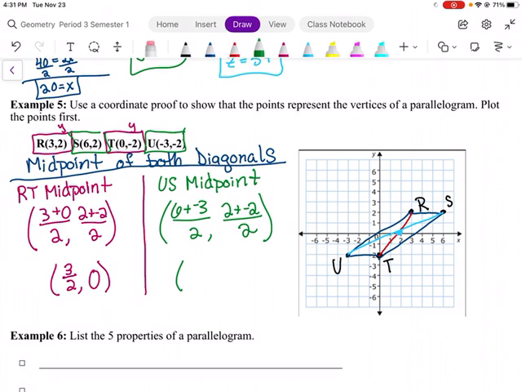And if we solve this, 6 plus negative 3 is 3 over 2. 2 plus negative 2 is 0. So what we have shown is that these two midpoints are the same, which means, therefore, and that's what these 3 dots mean, therefore, RSTU is a parallelogram.